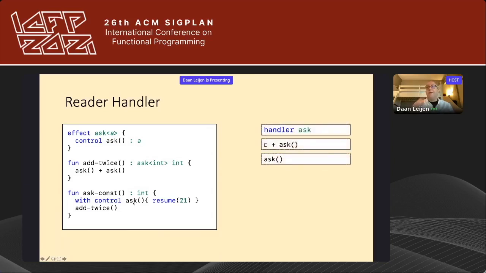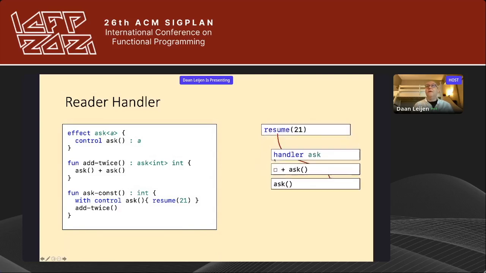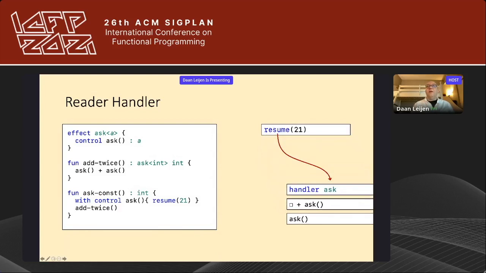There we go. Here we see the handler for ask is installed. And then we still have to do the plus ask here. But we are with the first ask. So it will go up all the way to the handler and replace with the body. That's resume 21. But it will also capture the entire original context, including the handler. We call this deep resumption because the handler is part of the thing that's captured.